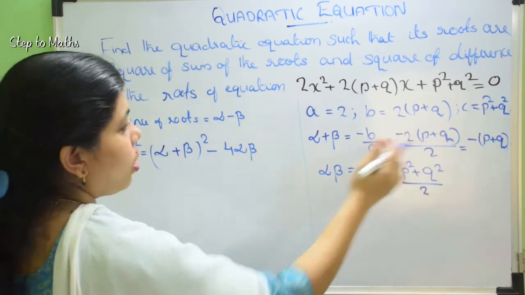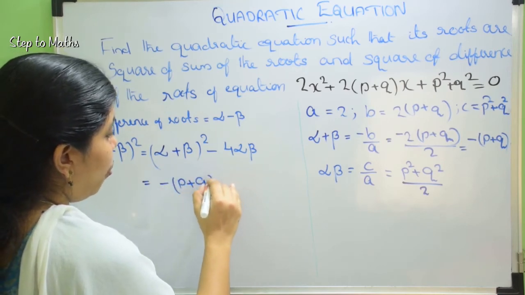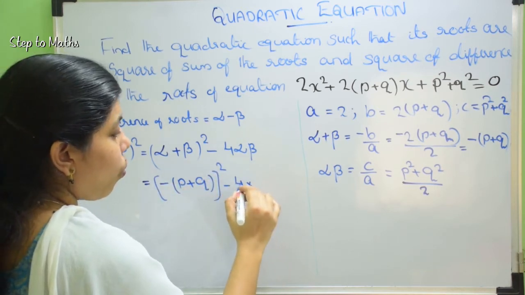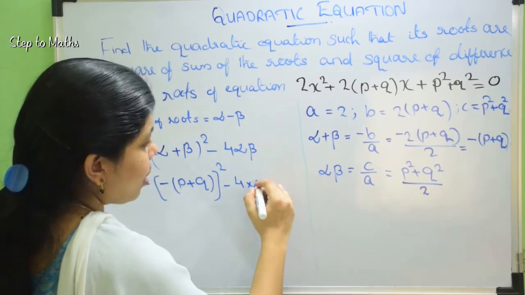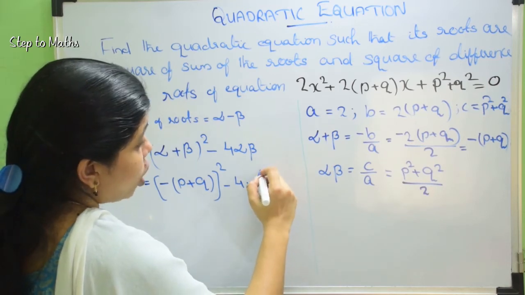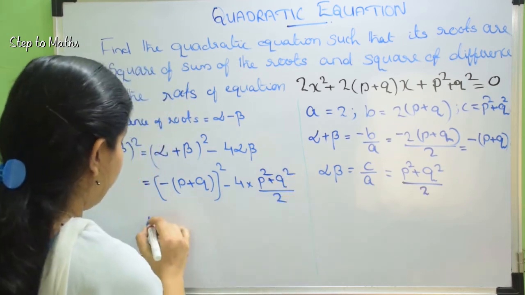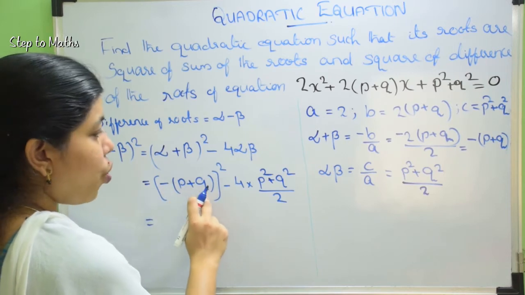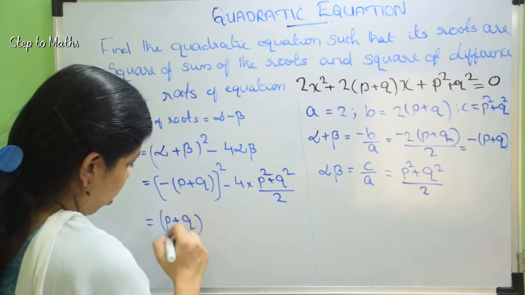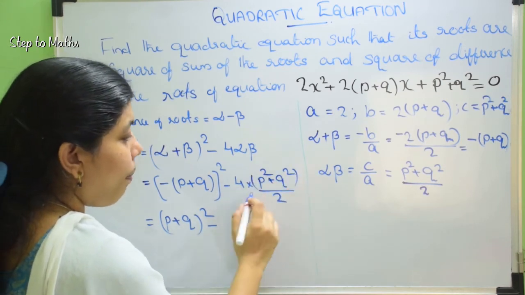Alpha plus beta is minus of (p plus q) the whole square, minus 4 into alpha beta. Product is c by a, that is (p square plus q square) by 2. Then it becomes (p plus q) square minus 4 into (p square plus q square) by 2.